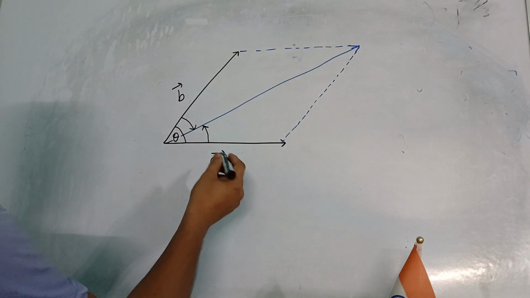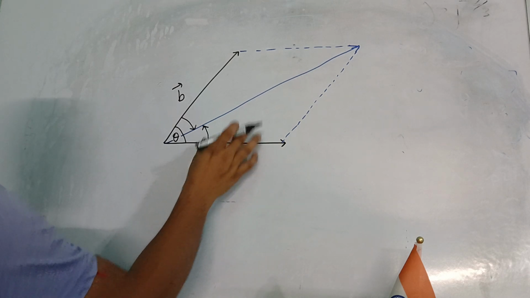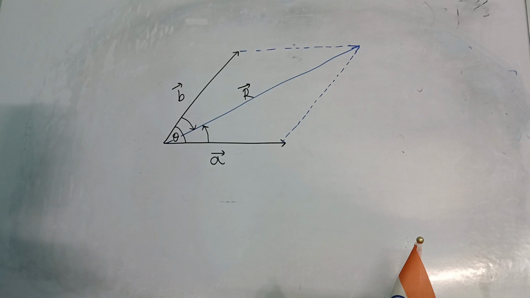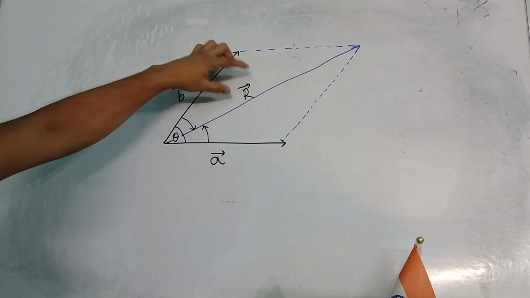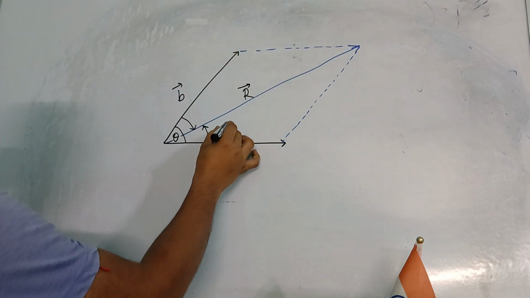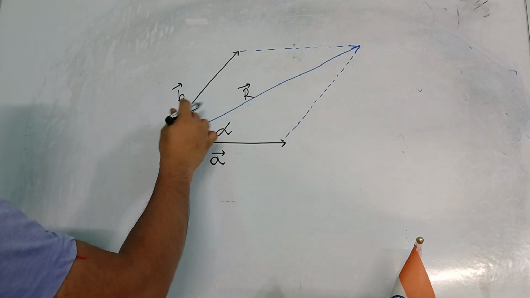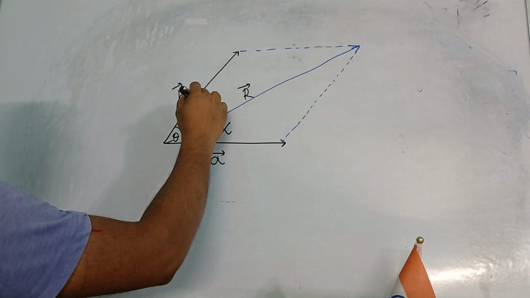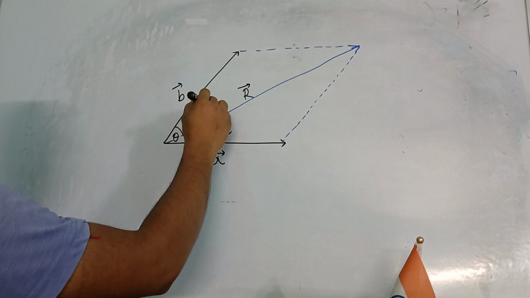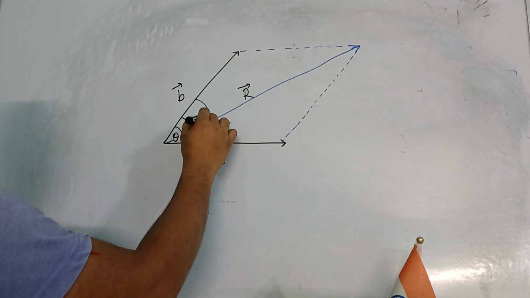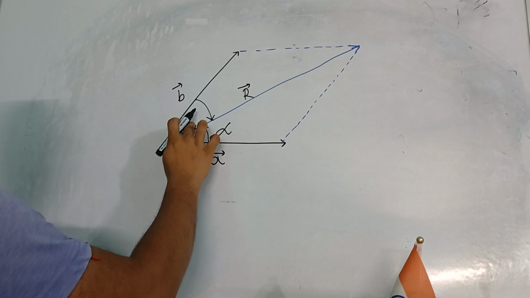So consider the angle between vector A and the resultant vector R to be alpha. And the angle between the resultant vector and B, we are considering this angle to be beta.